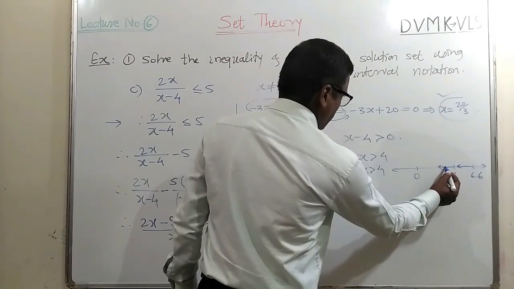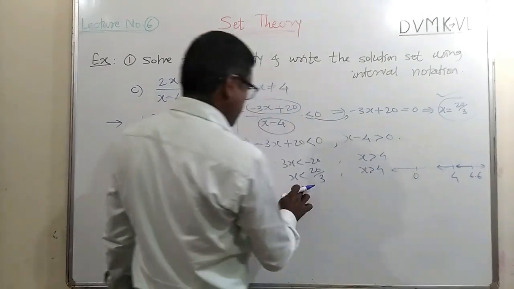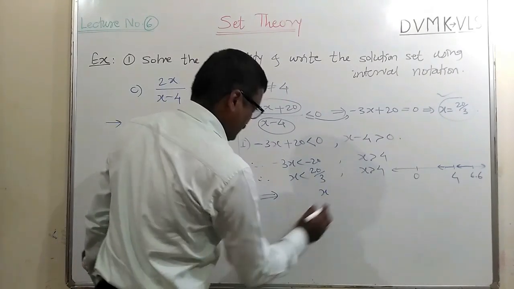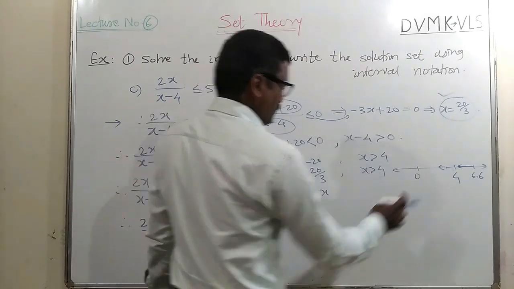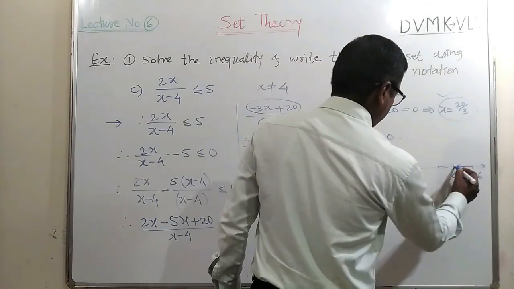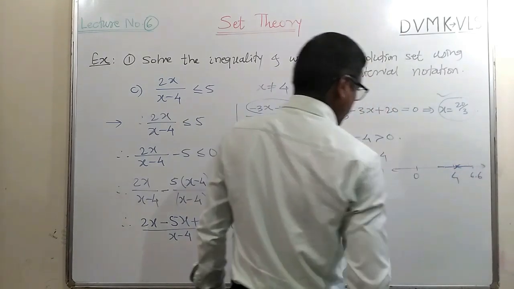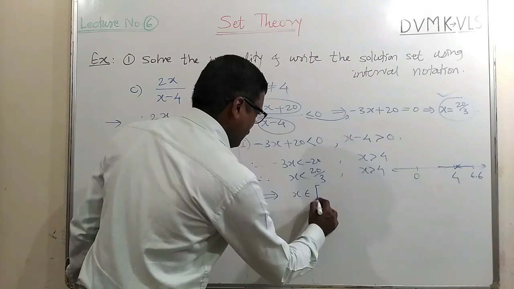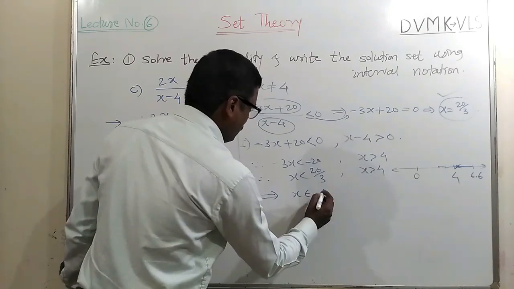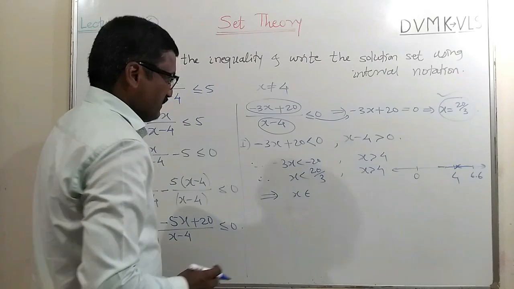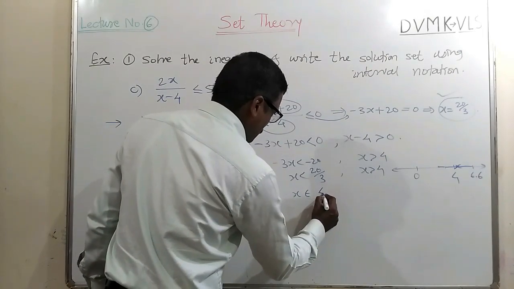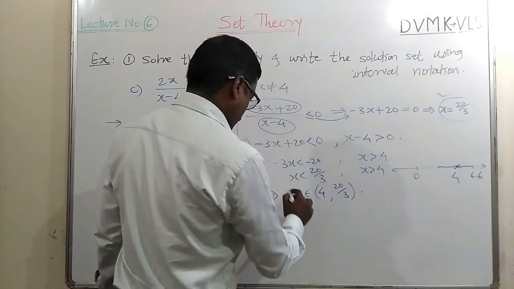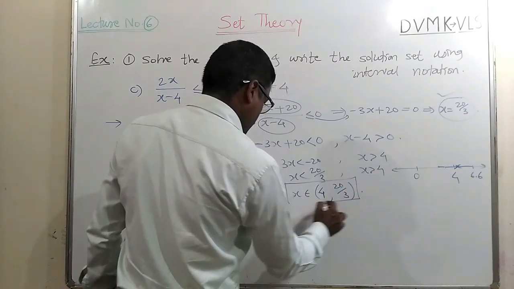If you take x which is greater than 4, it does not always satisfy the first. So the common solution is x greater than 20 by 3. The solution is x belongs to an open interval, not closed, because we have only taken less than or greater than. So it is open 20 by 3 to infinity.